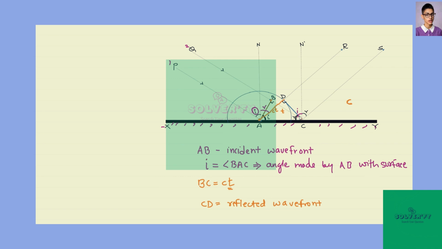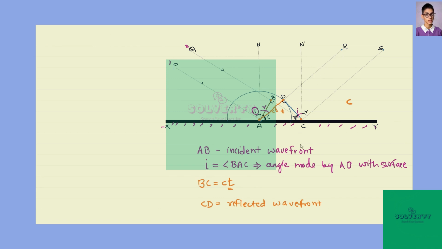As you may see, C is the first point of the reflected ray of this second Q ray, and D is already a point of this reflected ray AR.